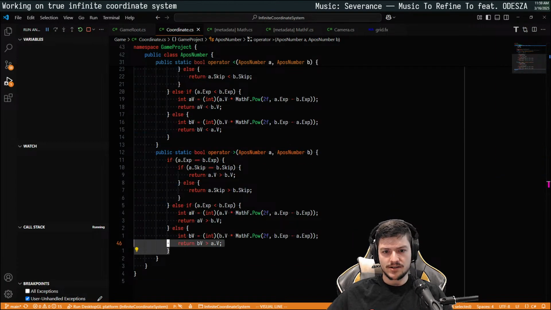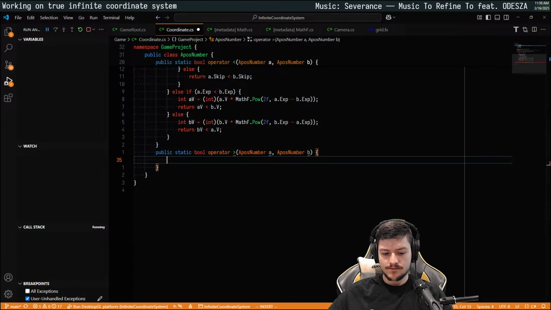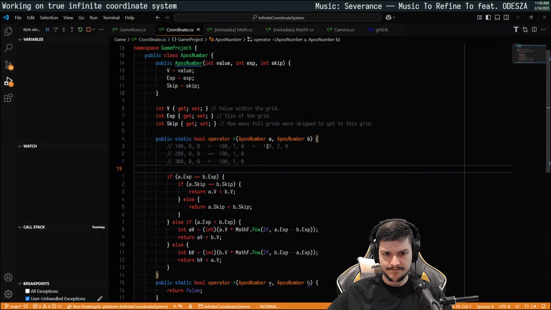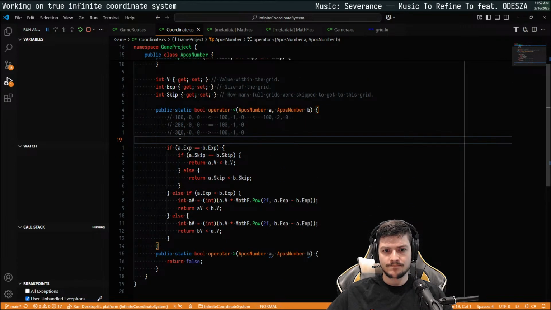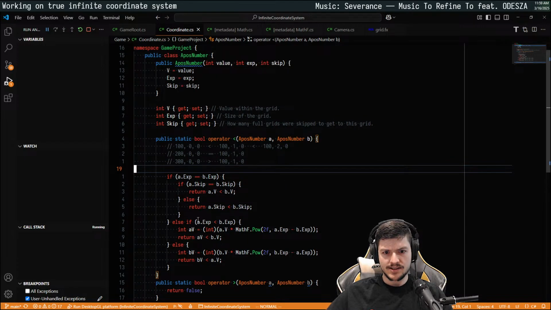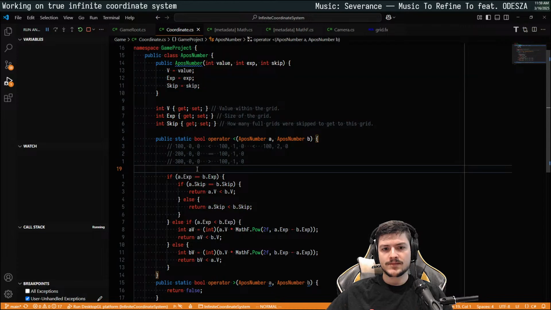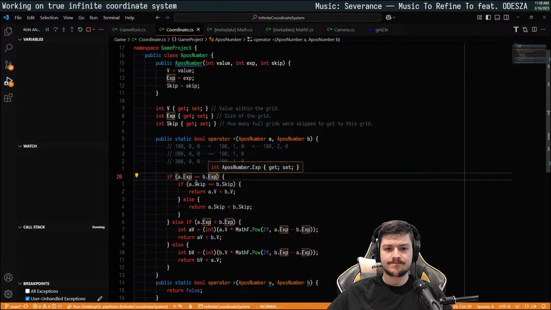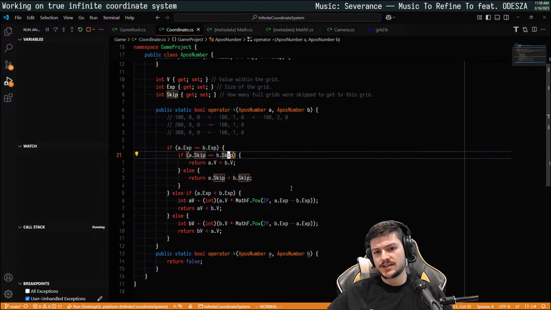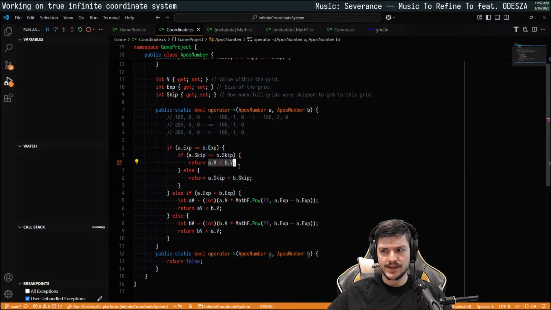Maybe before I do this, I should solve this fully. So if the exponent is different, the skip part. If the exponent is the same, then it's a matter of the skip. And if the skip is the same, it means we're in the same grid.